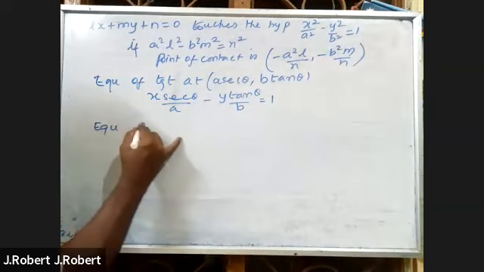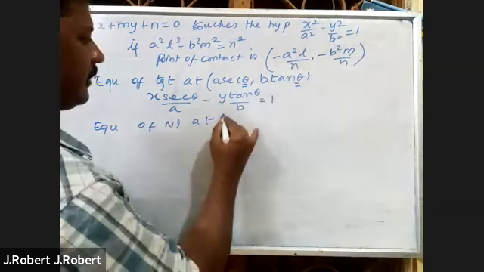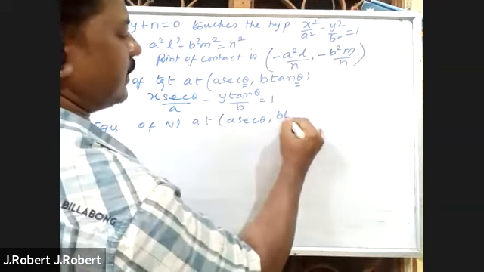The next one, equation of normal at theta, that is theta is called the eccentric angle. We can write this as a secant theta, comma b tan theta.